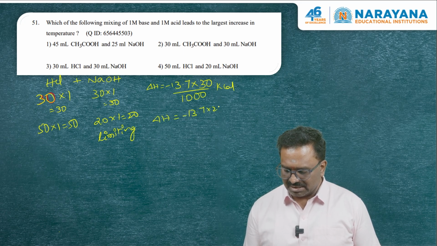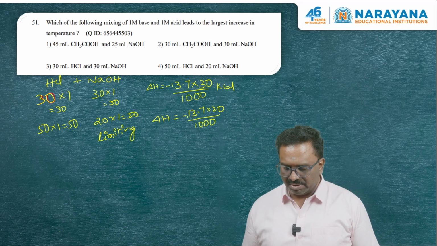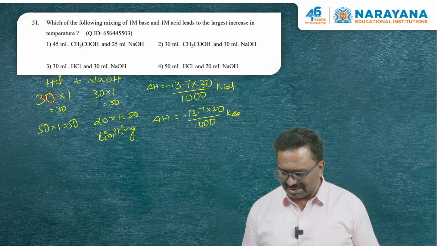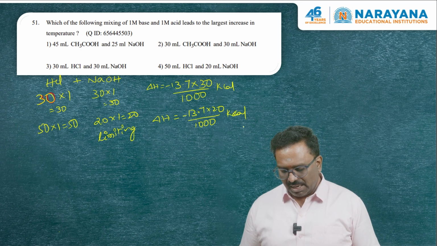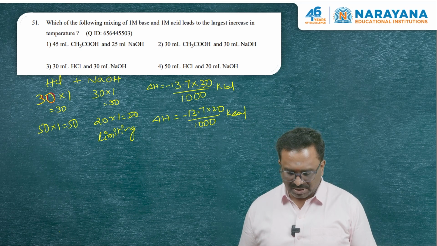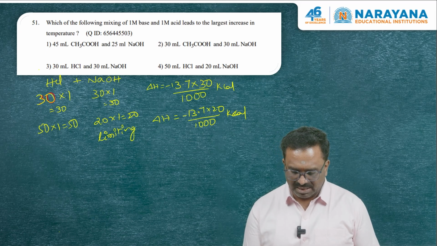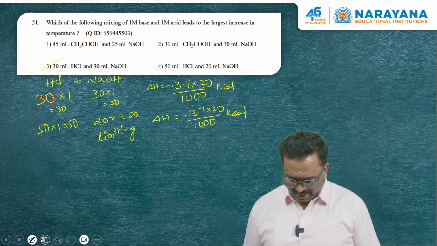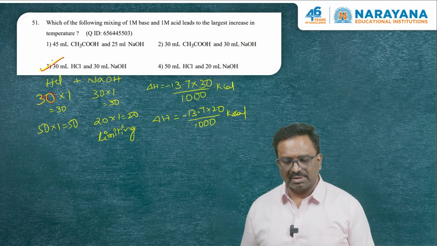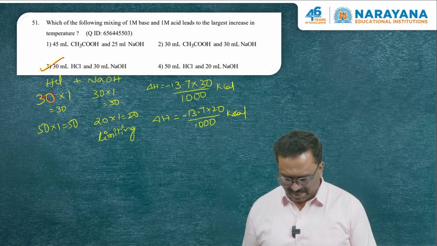The energy released is 13.7 into 20 by 1000 kilocalories, which is relatively less and leads to less rise in temperature. So the more appropriate answer among the given is 30 ml of HCl with 30 milliliters of NaOH.